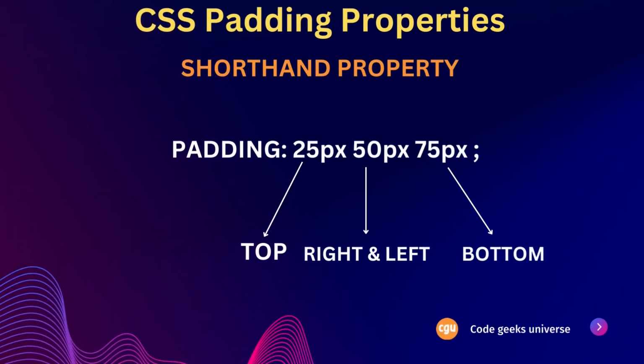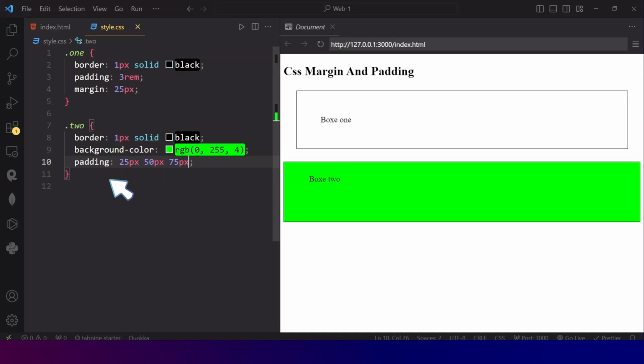And when using the padding property in CSS with 3 values such as in this example, padding 25 pixels, 50 pixels and 75 pixels, each value corresponds to a specific side. In this case, top padding is set to 25 pixels, the right and left padding are both set to 50 pixels, and the bottom padding is set to 75 pixels.